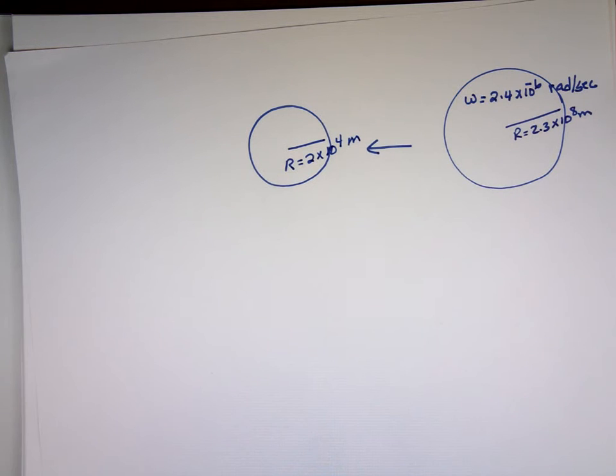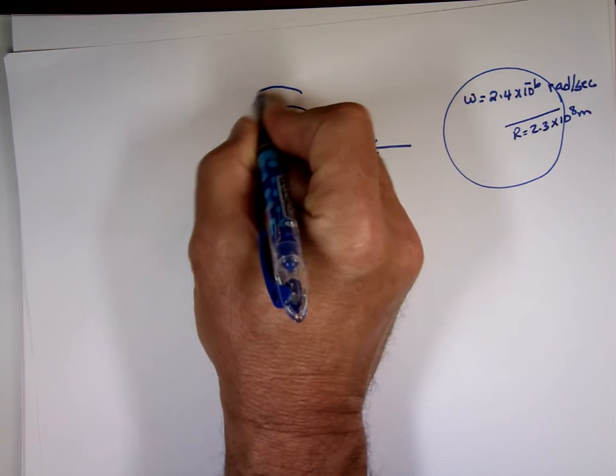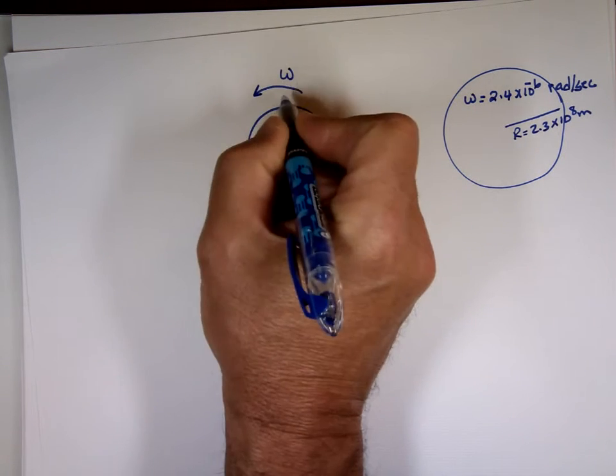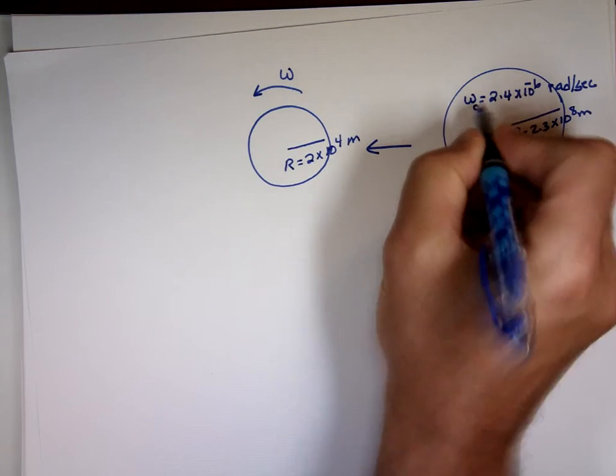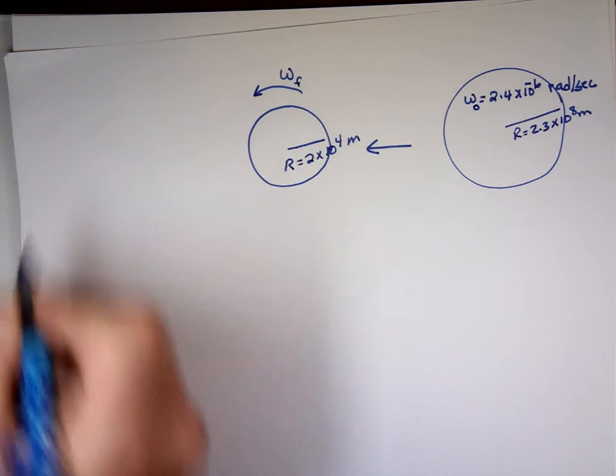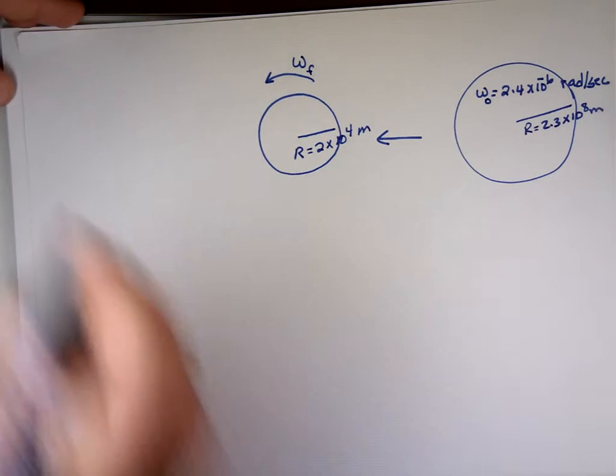Shrunk by a lot. And again, we need to know the angular speed of the star. What's W? This is the initial, this is the final. Find the final angular speed.